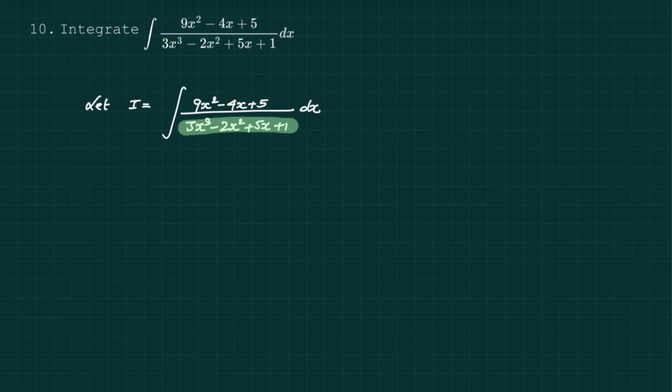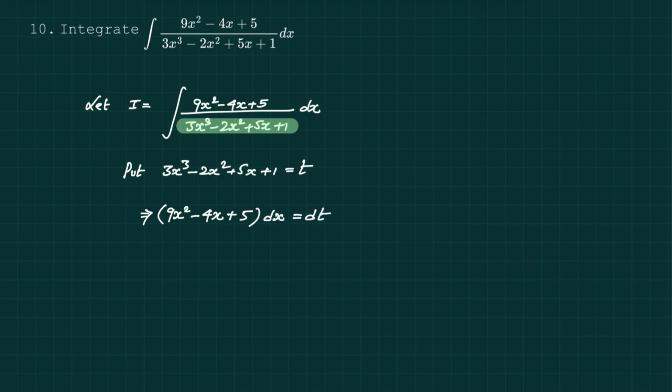So let us put this denominator to be t. So put 3x cube minus 2x square plus 5x plus 1 equals t. Now differentiating both sides with respect to x, we will have 9x square minus 4x plus 5, since d/dx of 5x is 5 and d/dx of 1 is 0, and d/dx of t is dt over dx. So that's why dx came here and dt is here.